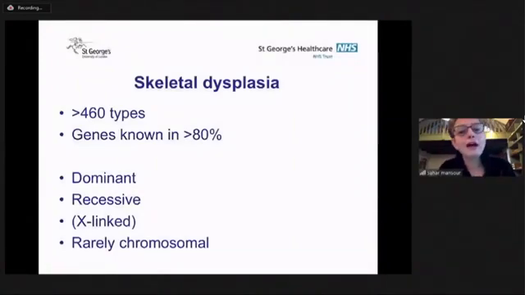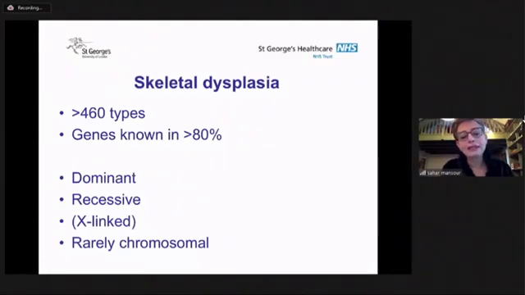So there are more than 460 types of skeletal dysplasia, but only a small proportion of them present antenatally, so we don't need to know about all of them. And it's a very, very well characterized group. The genetic cause is known in more than 80% of these cases. So it's a relatively easy group to finally make a diagnosis, not antenatally, but subsequently.